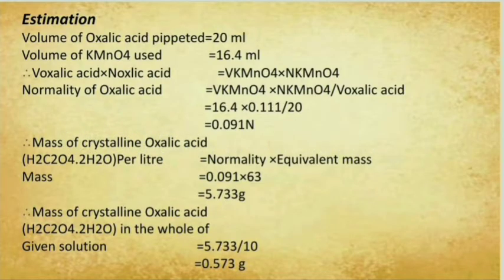Calculation for estimation. Volume of oxalic acid pipetted is equal to 20 ml. Volume of potassium permanganate used is equal to 16.4 ml. Therefore, volume of oxalic acid × normality of oxalic acid is equal to volume of potassium permanganate × normality of potassium permanganate.